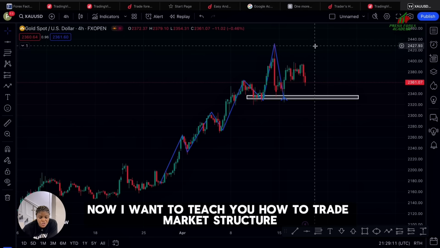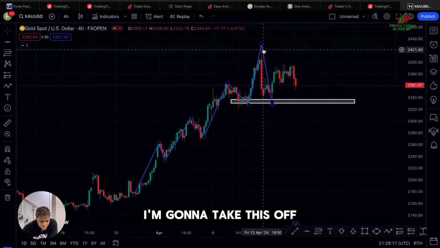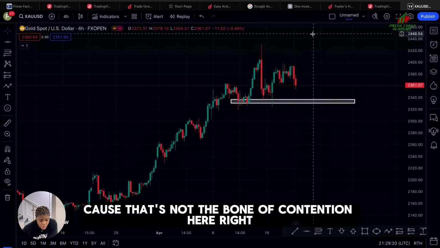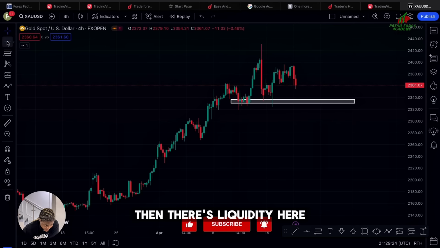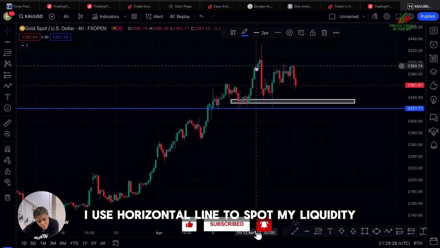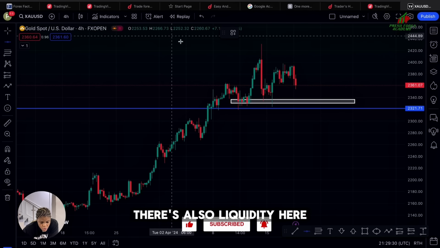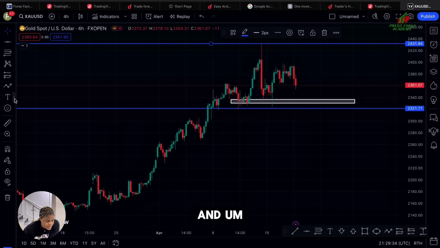Now, I want to teach you how to trade market structure strategy like a pro. Looking at this now, first things first, I'm going to take this off because that's not the bone of contention here, right? I know that this is my last higher low. Then there's liquidity here. I use a horizontal line to spot my liquidity. There's also liquidity here.